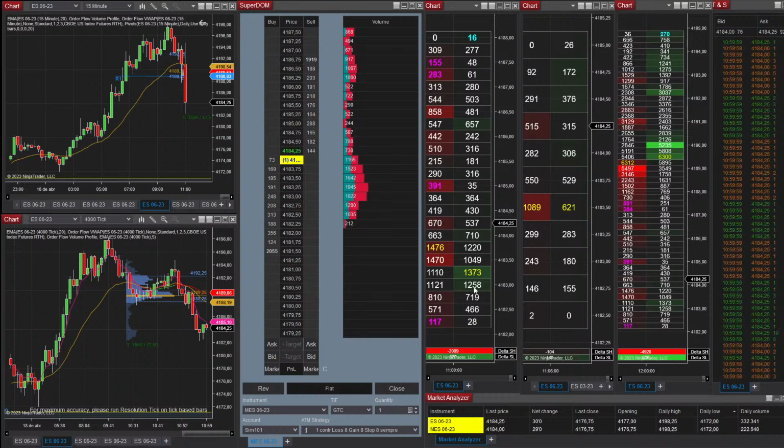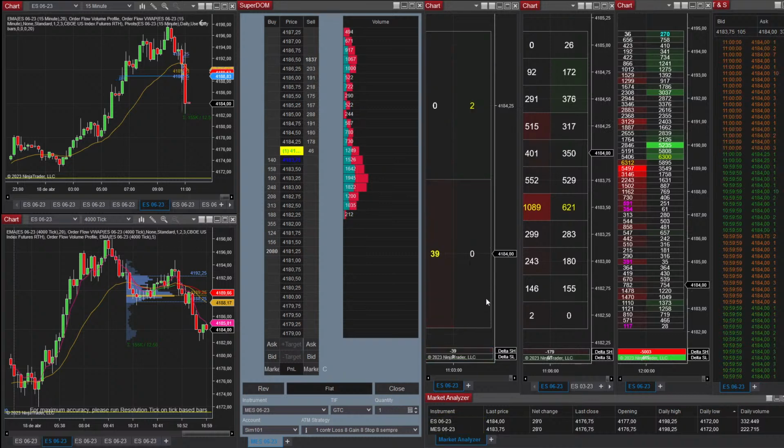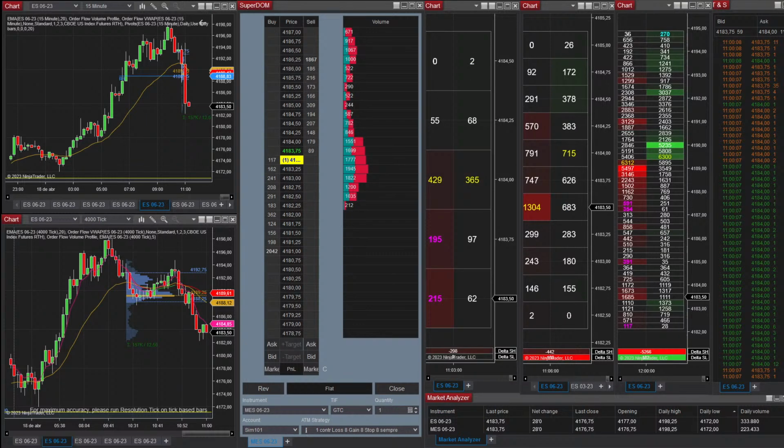We're seeing now we had this absorption in 83 where buyers put pressure and sellers absorbed it, and now we're seeing sellers putting pressure and buyers absorbing at 3.5.